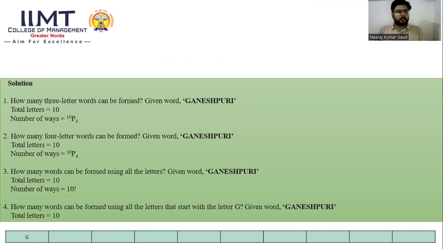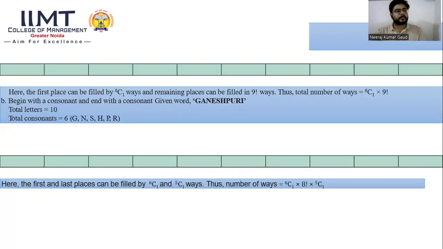How many words can be formed using all the letters? Given the word Ganeshpuri, total letters 10, number of ways is 10 factorial. Fourth, how many words can be formed using all the letters that start with the letter Z? Given the word Ganeshpuri, the total letters is 10 and the number of ways is 1 into 9 factorial, equal to 9 factorial.